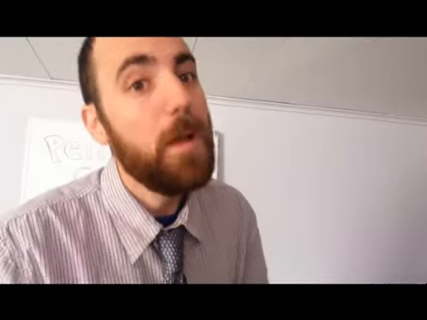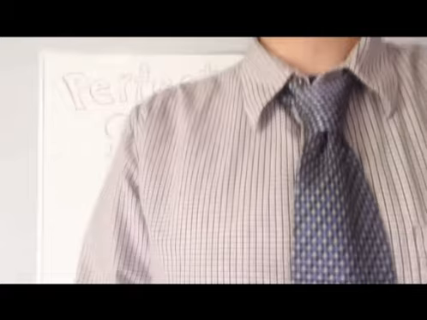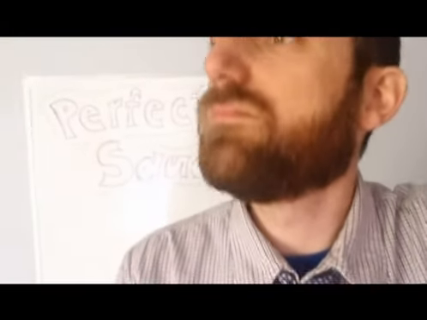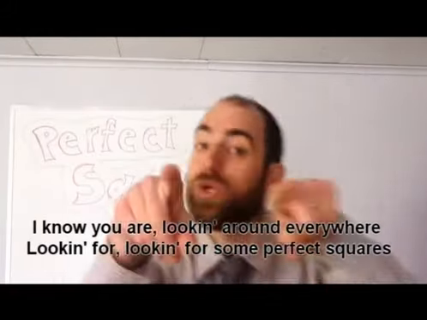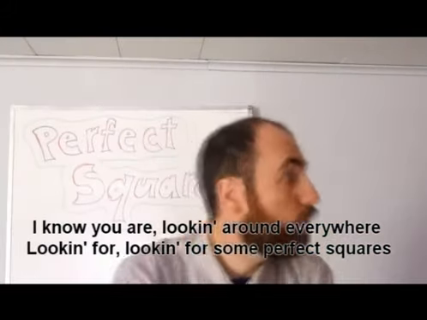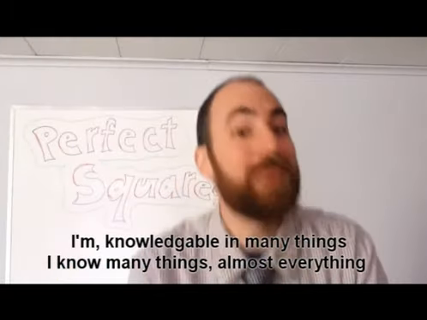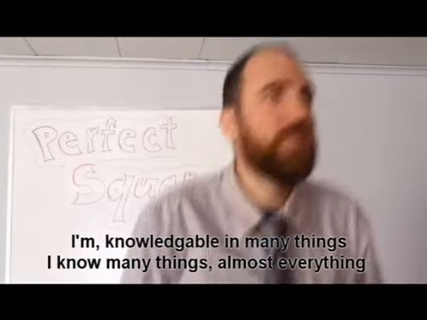Yeah, y'all know what it is. Mathematics. Let's go. I know you are looking around everywhere, looking for some perfect squares. I'm knowledgeable in many things. I know many things, almost everything.